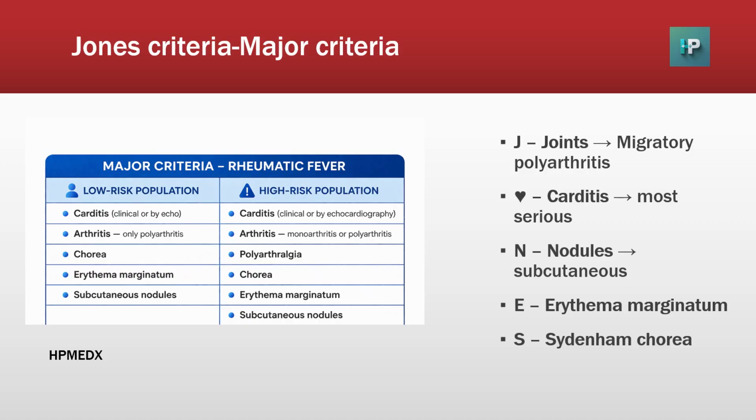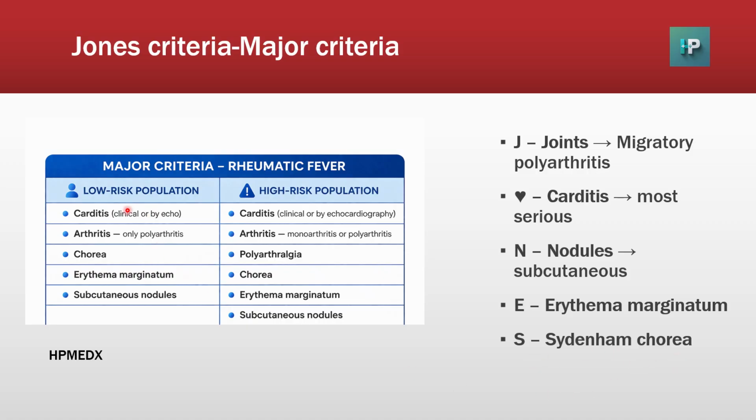And let's see the Jones major criteria. Here you can easily learn this by the mnemonic JONES. J for joints, that is migratory polyarthritis, and O you can take as heart, that is carditis, and it's the most serious thing. And then N for nodules, E for erythema marginatum, and S for Sydenham's chorea.